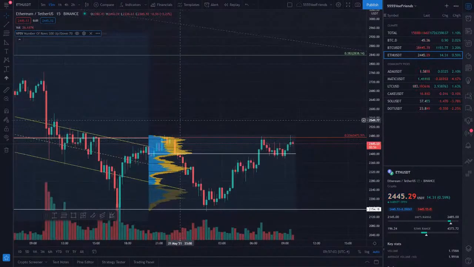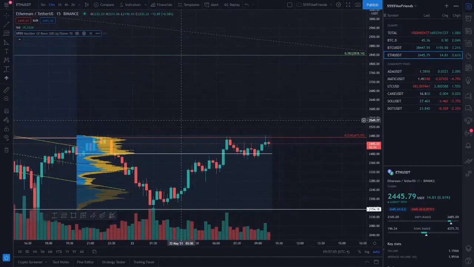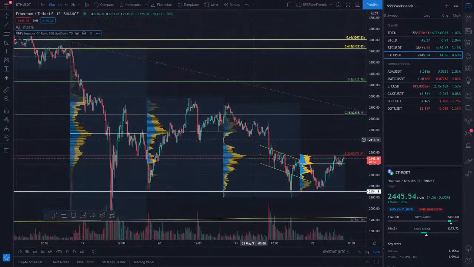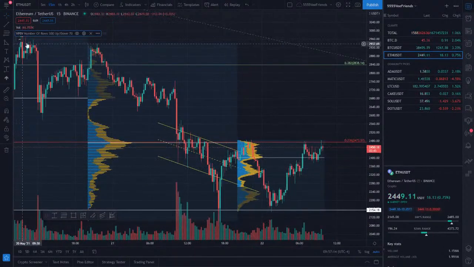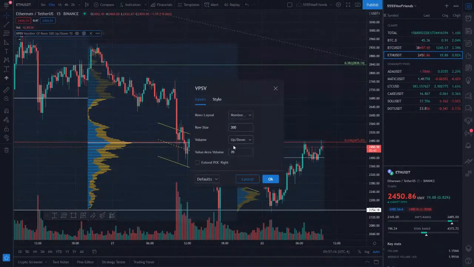Okay. So this is VPSV, and what it is, this is volume. You can notice that the volume is shown in a different way versus that horizontal way.